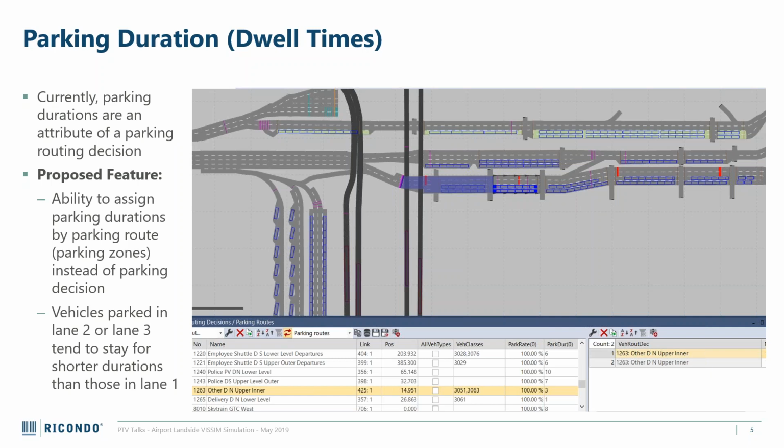What we would like to propose is to have the parking duration be a property, an attribute of the parking route or the parking zone. In that way, we can assign different distributions for parking zones on the inner curb or on the second lane or on the third lane if needed. So this is one of the issues that we typically face that makes it a lot more difficult for our models to show a realistic condition.